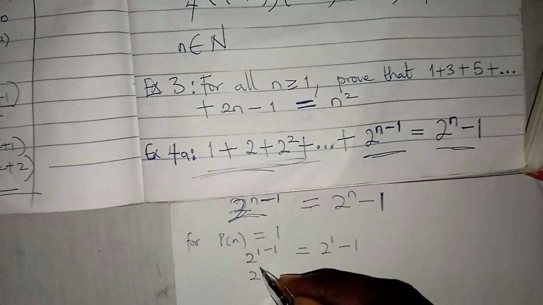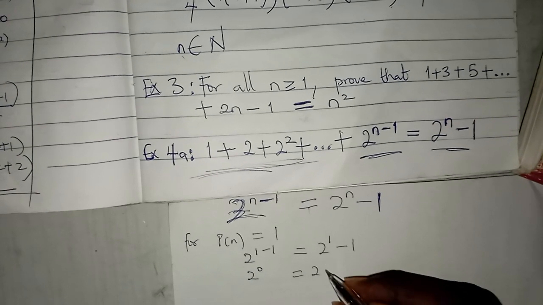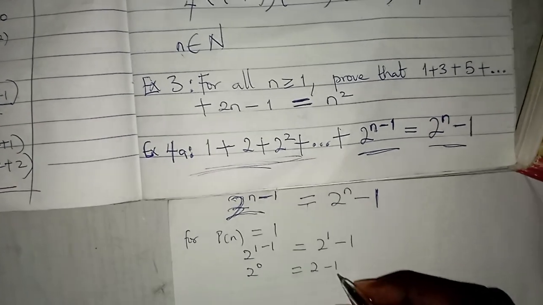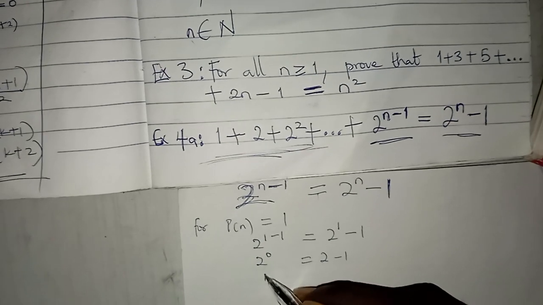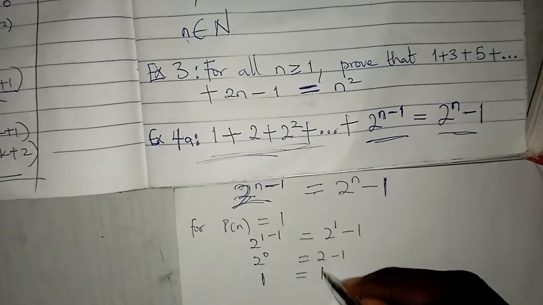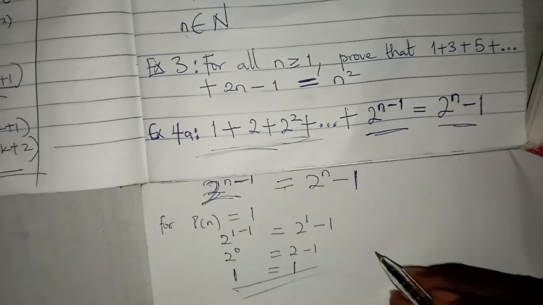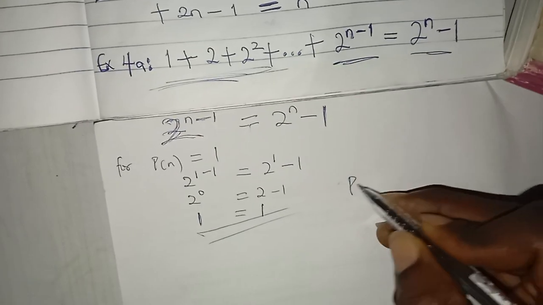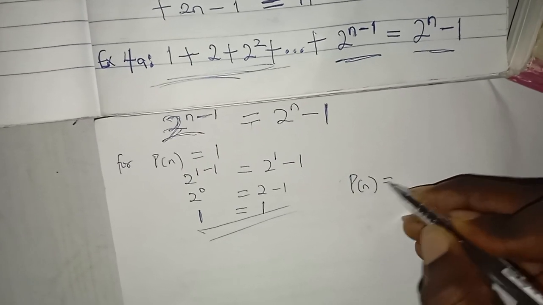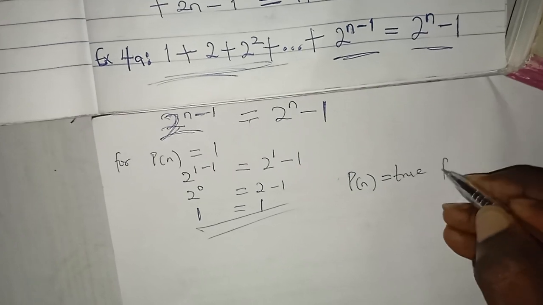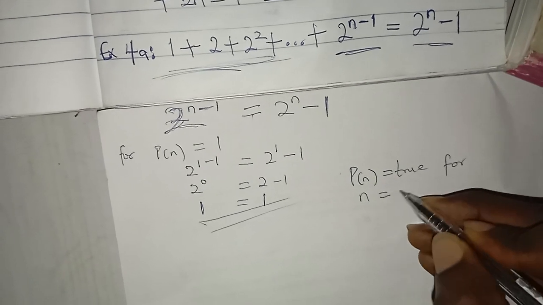This is going to be 2 raised to power 0, which is 1, equals 2 minus 1, which is 1. So that means that p of n is true for n equals 1.